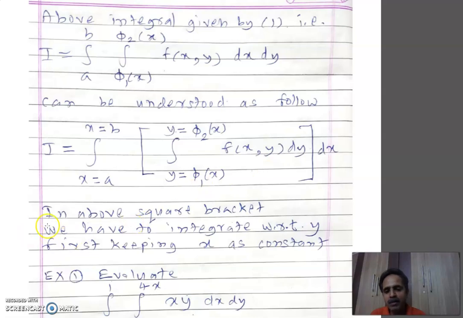That is, in short, in the square bracket above we have to integrate with respect to y first, keeping x as a constant. And a and b stand for the limits of x, so we must write x equal to a to x equal to b.